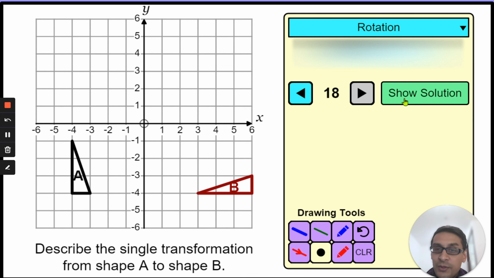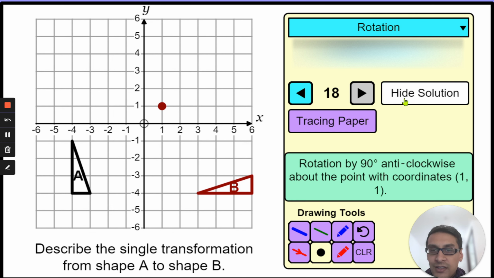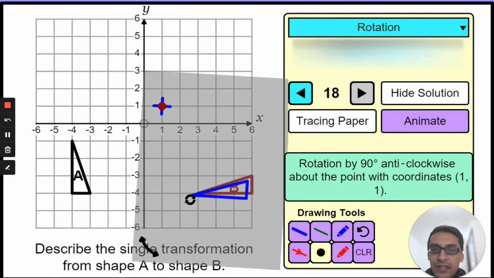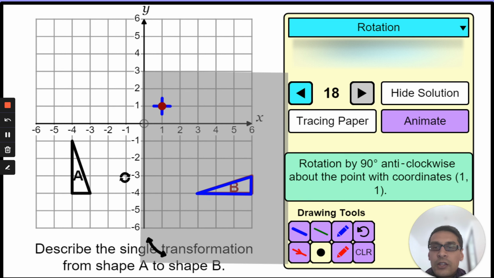Hopefully you found it. This one is definitely a lot trickier than the others. The center of rotation in this case is up here, 1, 1. And you can see we're rotating 90 degrees anti-clockwise. The other answer is 270 degrees clockwise, but there's your answer.